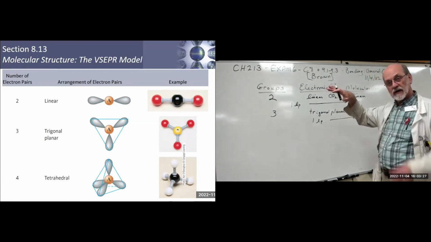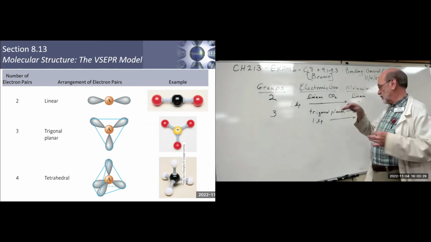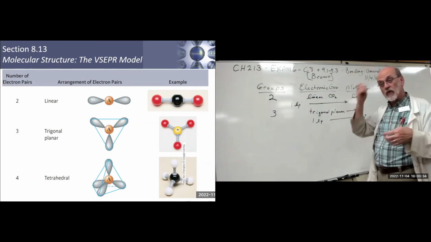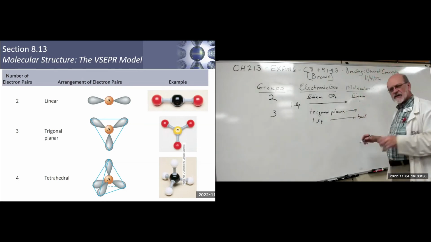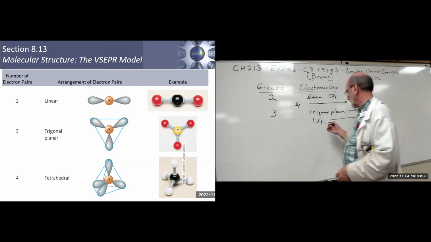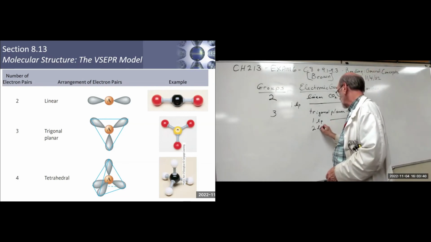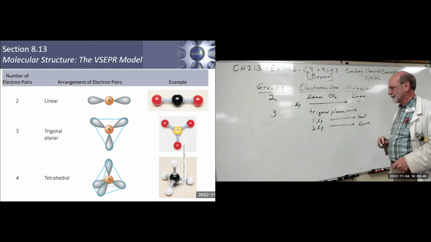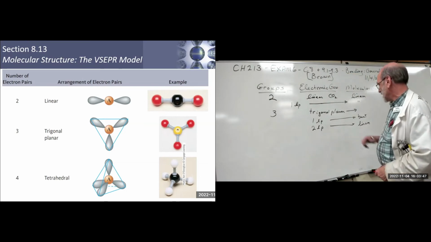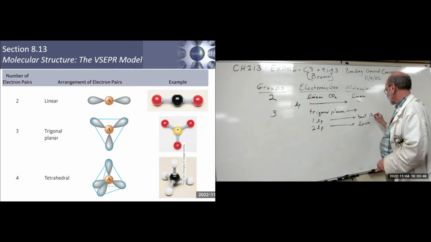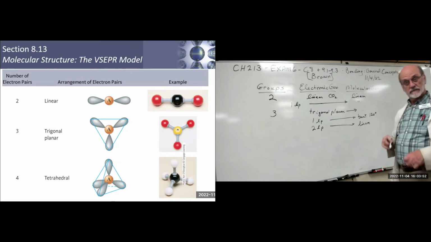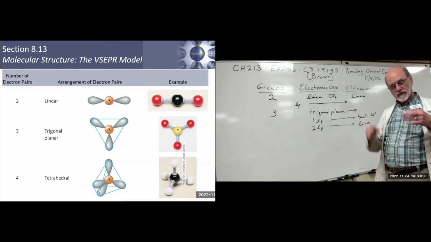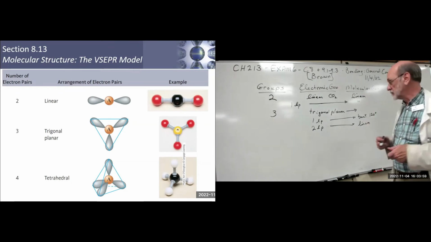You cover up one of the three, if it's a lone pair, and then you got bent. That's what's left over. Some books call it angular. You have two lone pairs, then you're back to linear. Okay? And the angle here is going to be 120 degrees, right? Because that's the internal angle for this isosceles triangle.